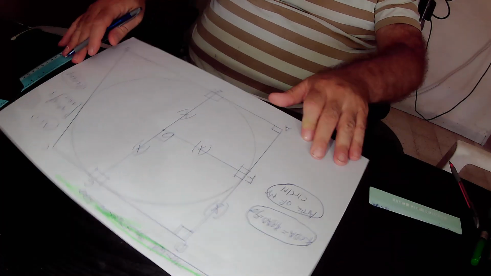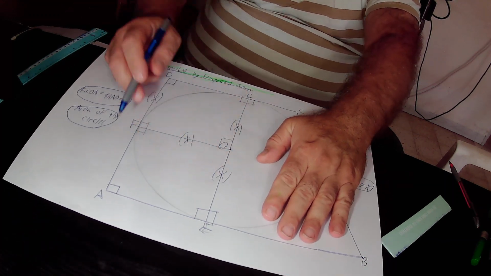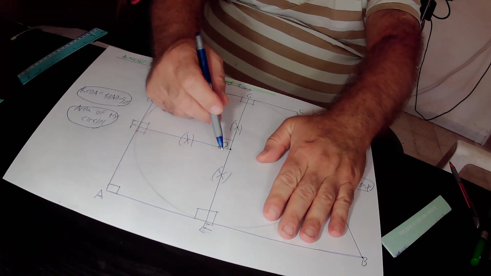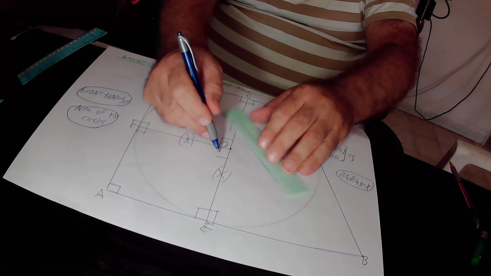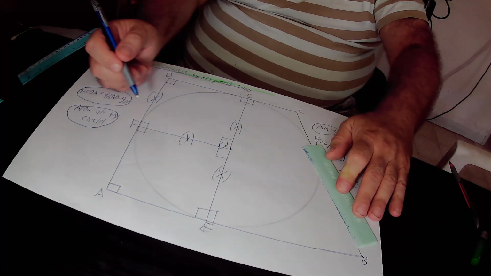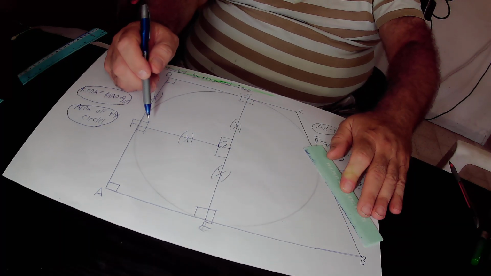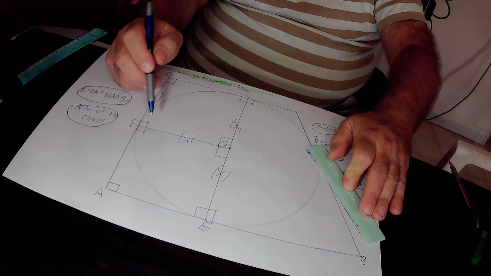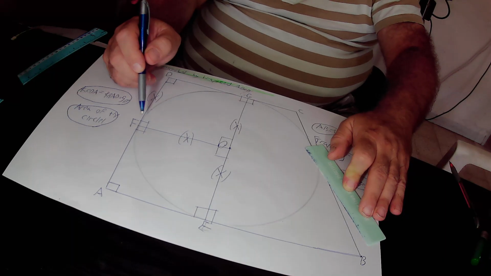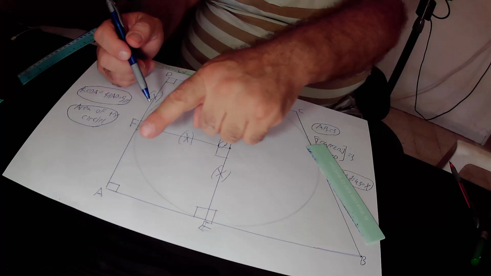Likewise, in the lower quadrangle FOEA, we have 1, 2, 3 right angles, and therefore this fourth angle again must be equal to 90 degrees in its size. So quadrangle FOEA has 4 right angles, and therefore it is a rectangle. We know that the opposite sides of a rectangle are equal to each other. So in rectangle FOEA, side OE must be equal to the opposite side FA.